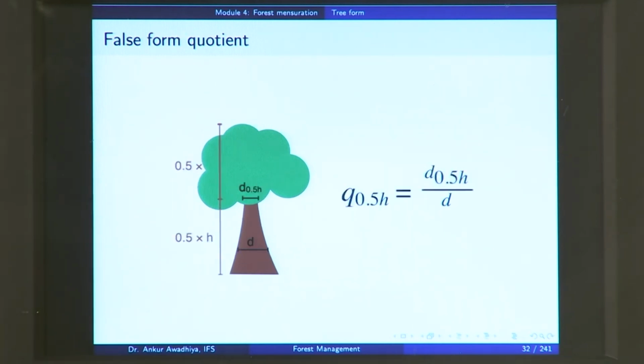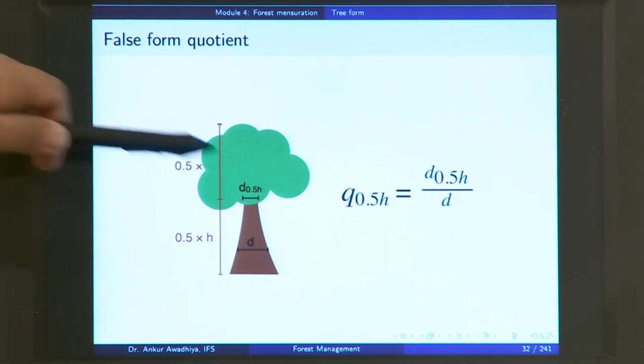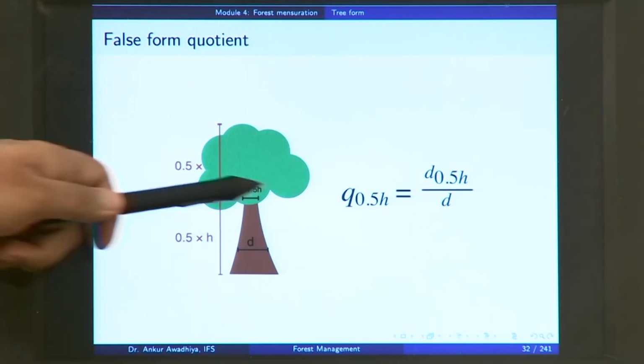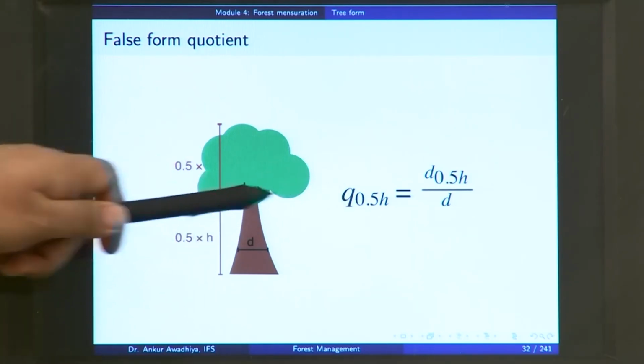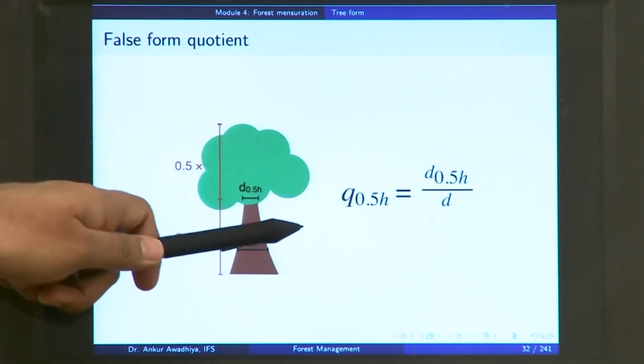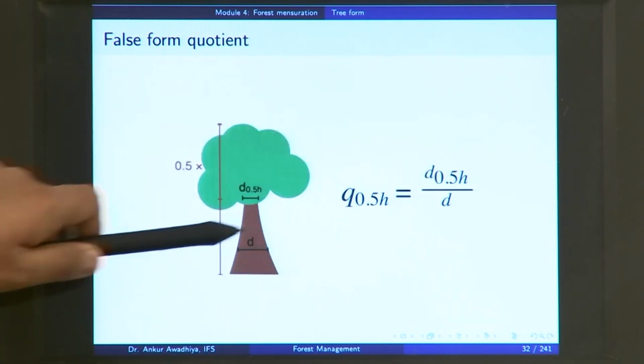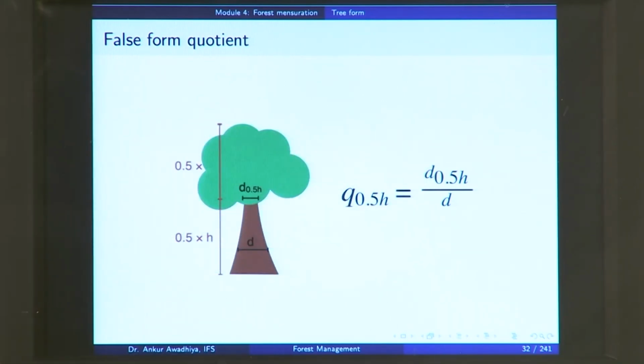Here we define the false form quotient as the diameter at 50% height divided by the diameter at the breast height. So, q 0.5h, or the false form quotient, is given by the diameter at 0.5h divided by the diameter at the breast height.